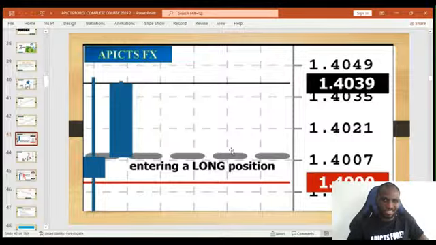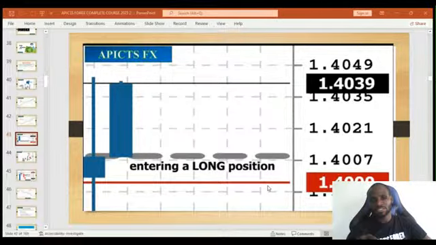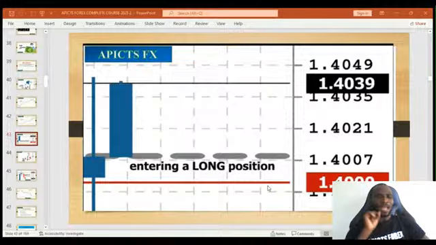In case the drop down in the corner is affecting the way you see that, what is in that red place is 1.4000. So let's assume that somebody joined this market and entered a long position at that point.